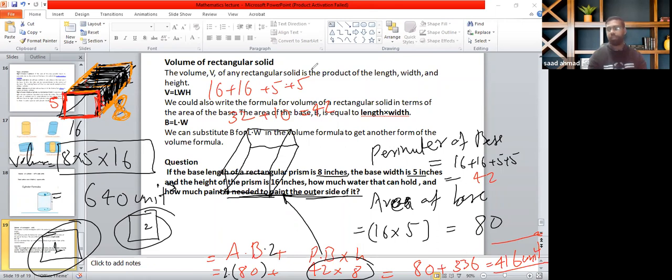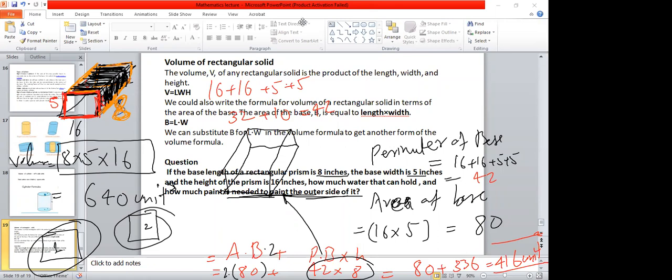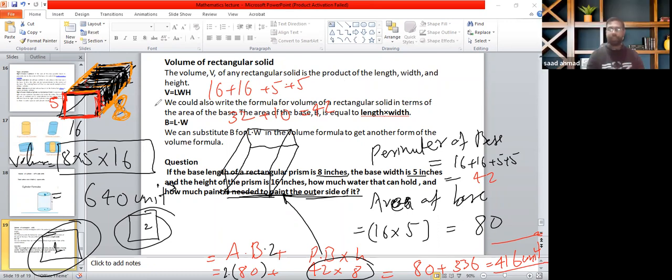Is it okay? Yeah. So basically there are 2 things that we're looking at: the front and the back, and then the inside connecting part which is connecting them.